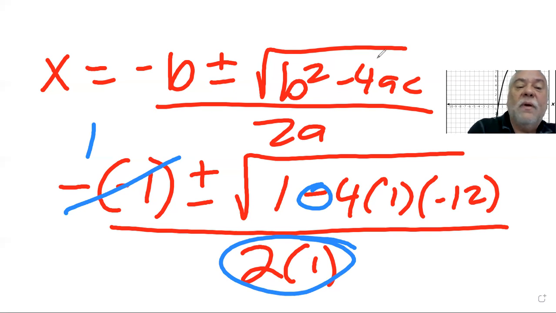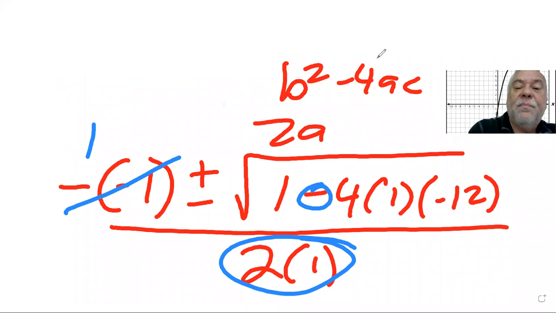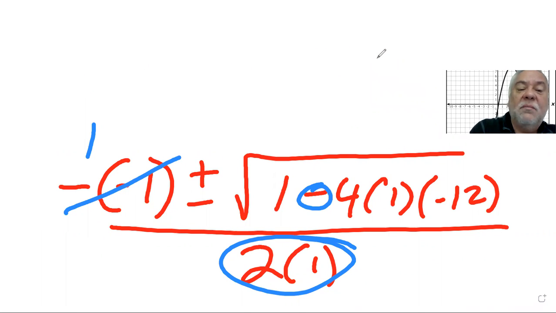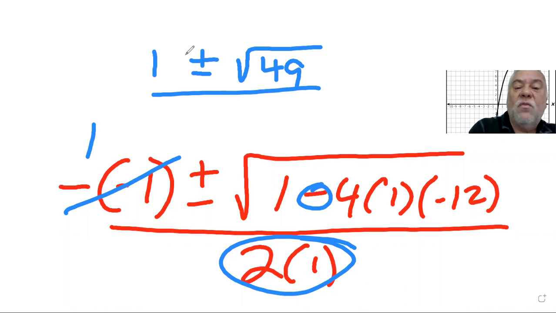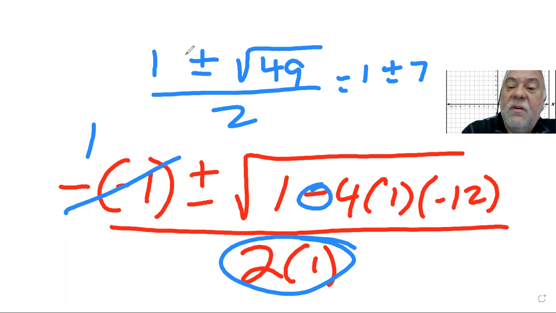So let me make some room again. Simplify that. So we've got 1 on the left, 1 plus or minus the square root of 49 over 2. Square root of 49 is 7. So it's really 1 plus or minus 7 over 2.